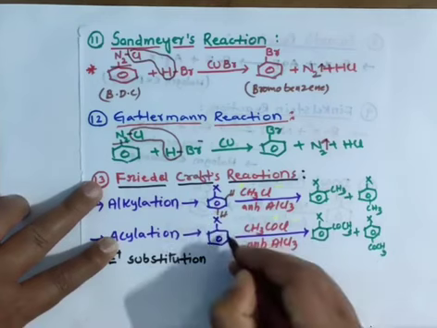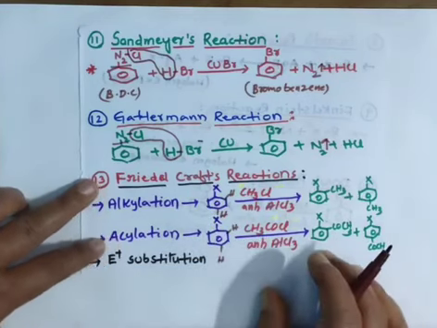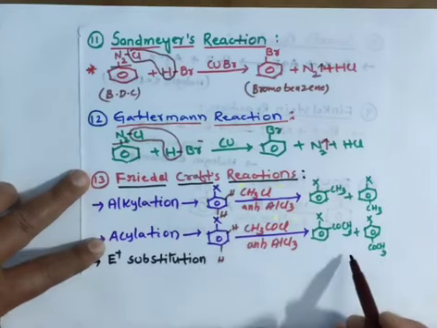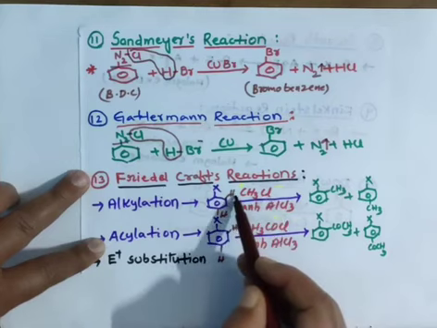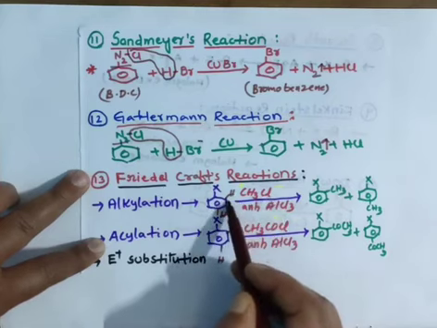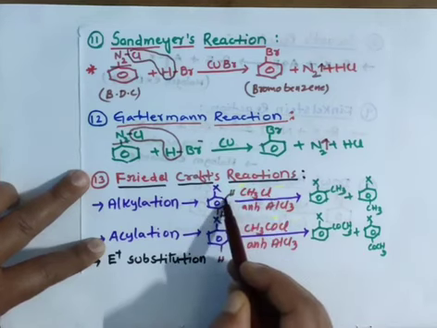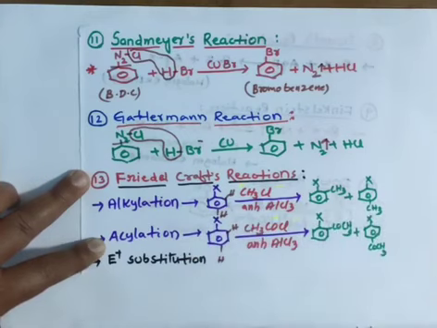Ortho-para directors. See, in Friedel-Crafts reaction, you are always getting ortho-para products. This chlorine and this hydrogen removed as HCl, and now this carbon is vacant. Immediately this methyl will attack on this ortho and para position, like ortho-para products you are getting.